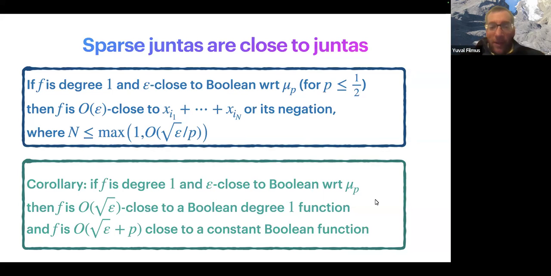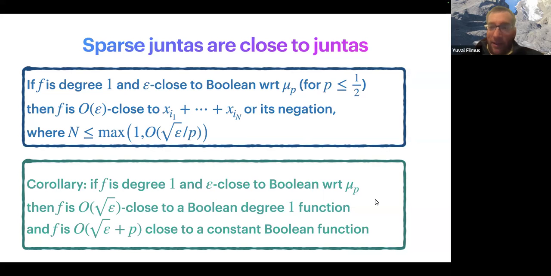So what does this mean? If you're okay with a structure statement where the error in the approximation is square root epsilon rather than epsilon, then you recover the original statement.